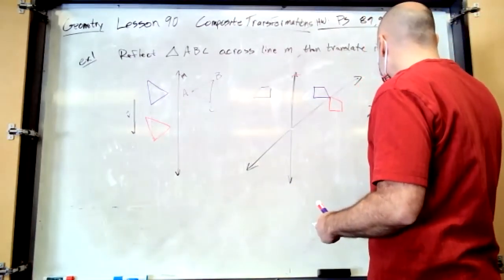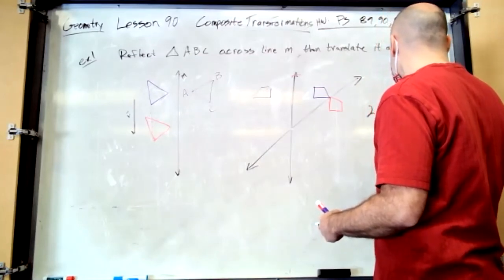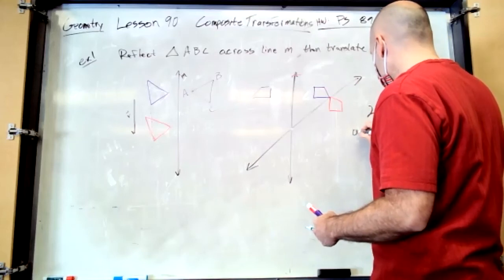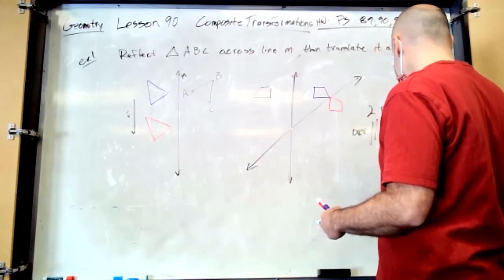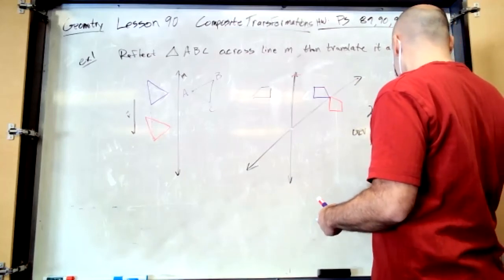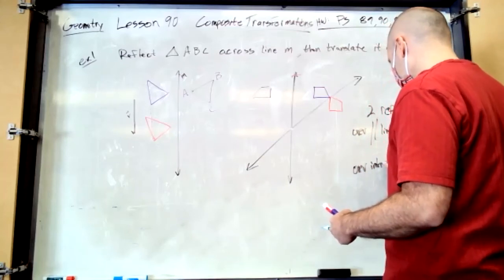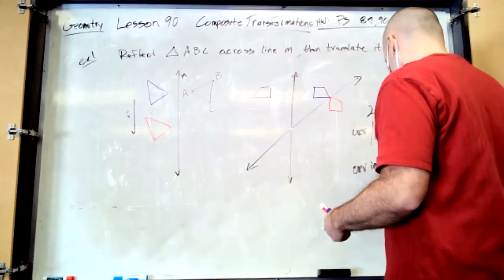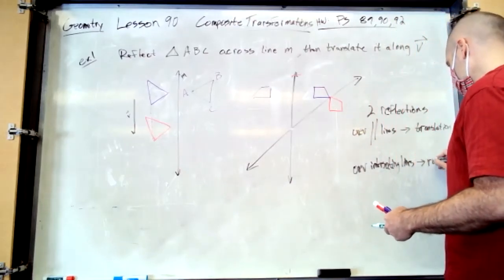So two reflections over parallel lines results in a translation. But if it's over intersecting lines, it results in a rotation.